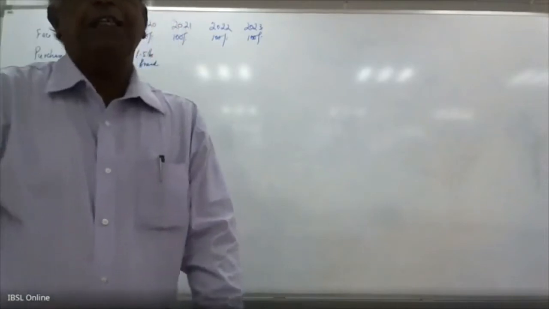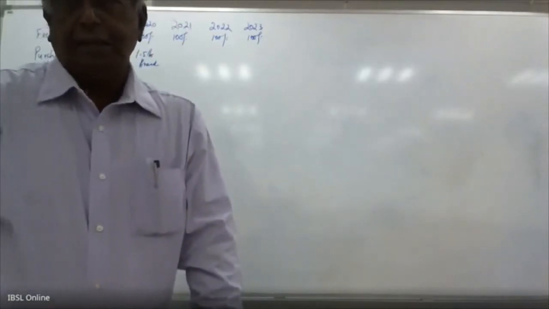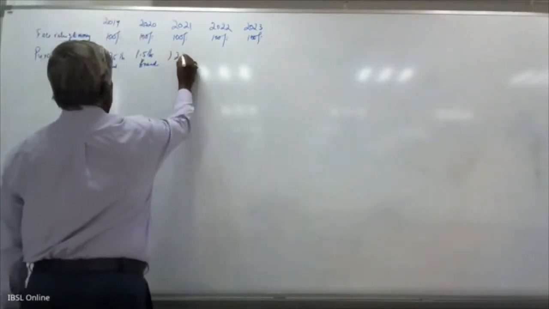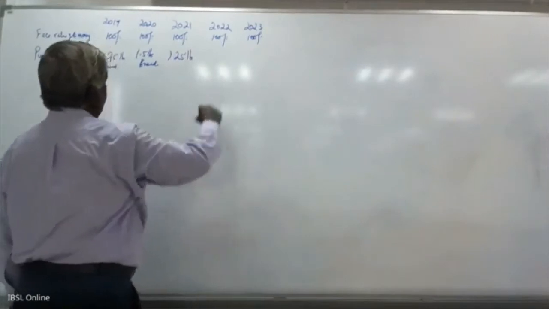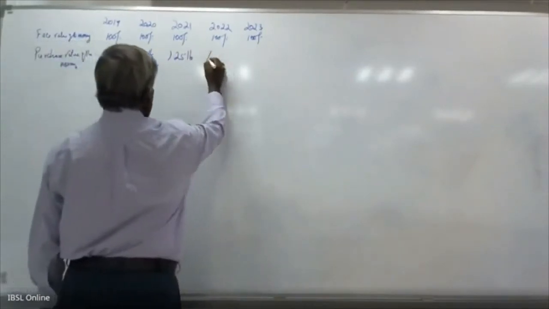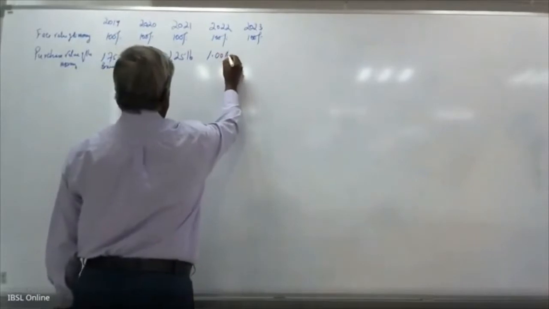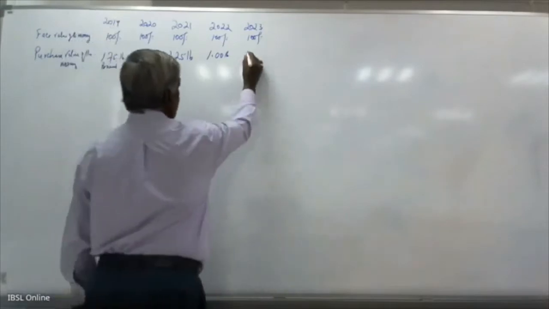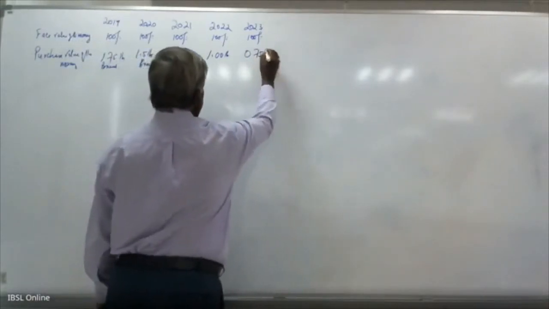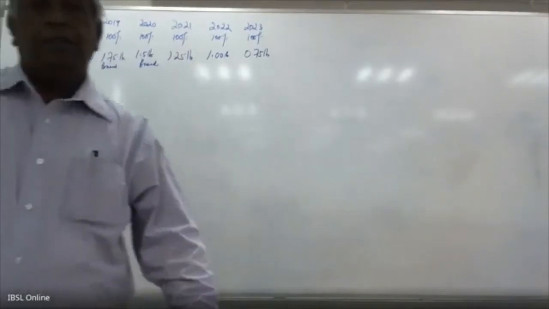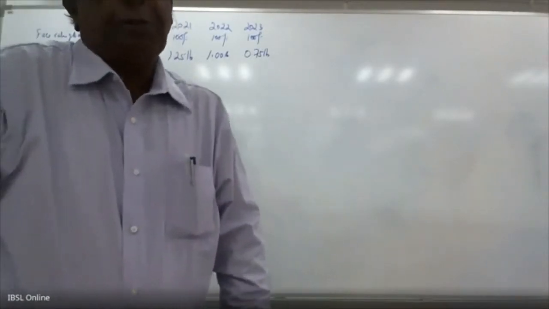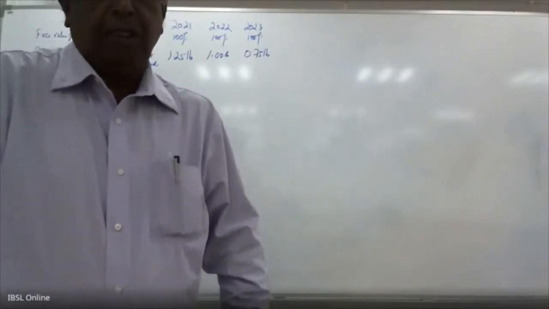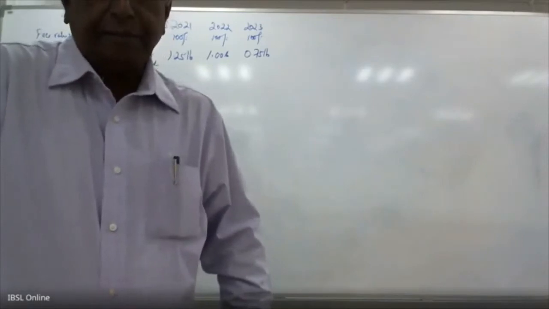Now in 2021, it has gone up to about 80 rupees, so you can buy about 1.25 pounds of bread. Maybe in 2022 you may be able to buy only 1 pound of bread. Maybe in 2023, you may buy only 0.75 pounds of bread. Just for you to understand, I am telling this.